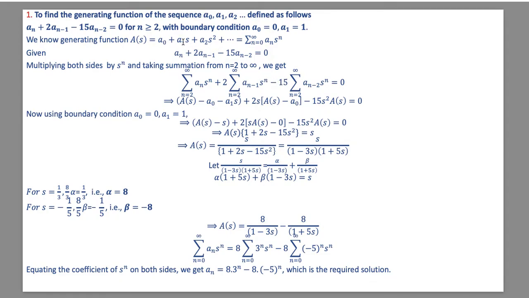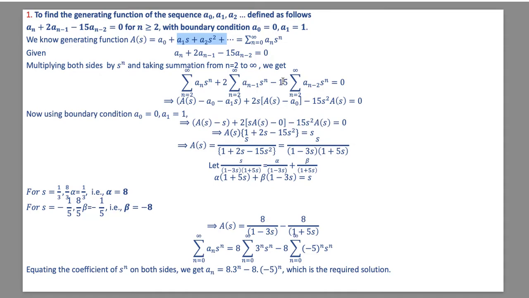So first of all we will take s common. If we take s common, we get a1 s plus a2 s square and so on. Shifting this to this side, we get A(s) minus a0, as I have taken s common.